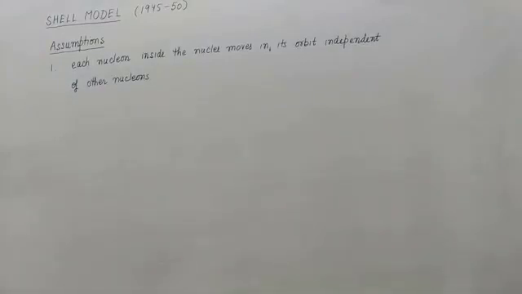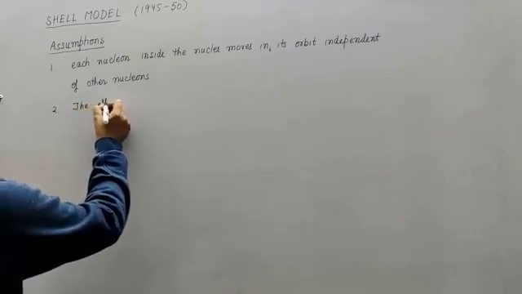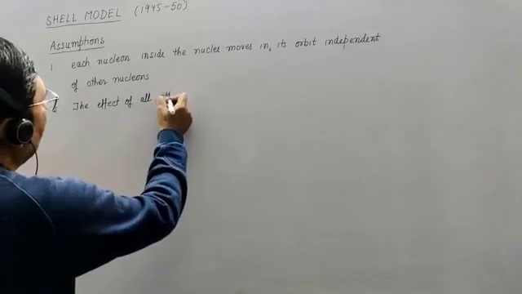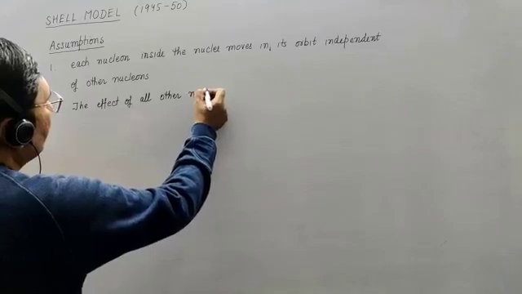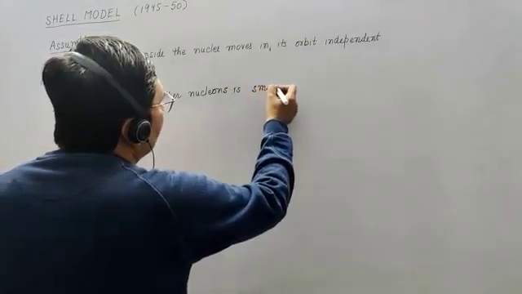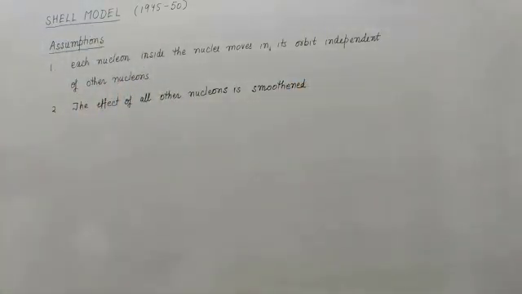And what was the second assumption? The second assumption is that the effect of all other nucleons is smoothened, and the force on any nucleon inside the nucleus is represented by a potential well.